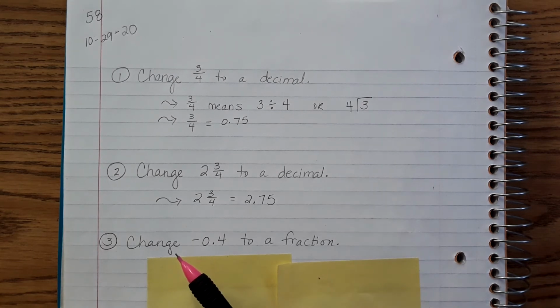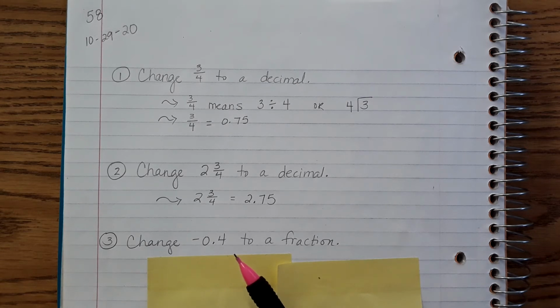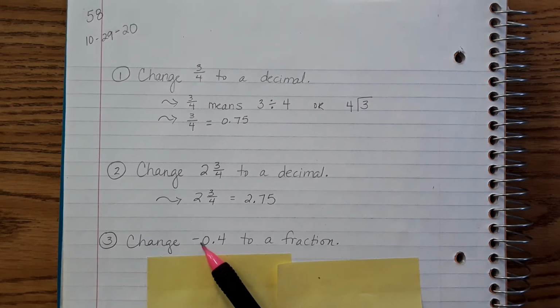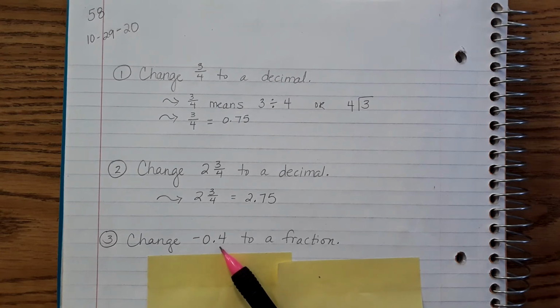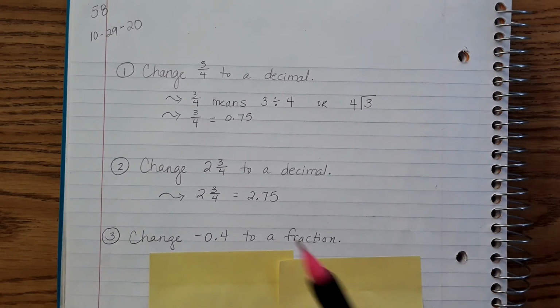And then number 3, change negative 0.4 to a fraction. So first of all, we know that it's negative. Second, what position is this number in? It's in the 10ths place.